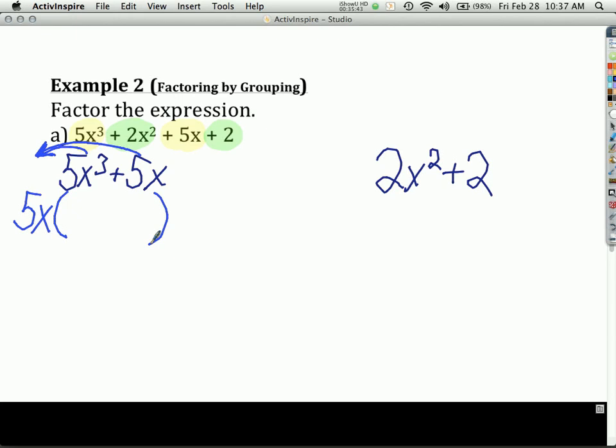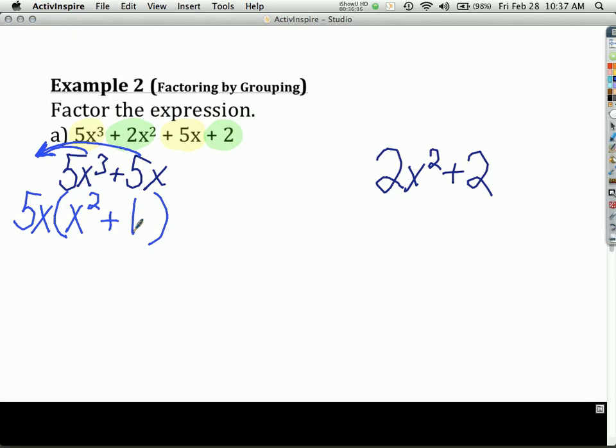Edgar? Okay, well, Edgar, just do the first one with me. 5x times what will give me 5x to the third? Very good. X squared. Chris, 5x times what gives me 5x? 1. So I'm left with x squared plus 1. That's not new. That we did actually quite a long time ago. Does anyone have any questions about that?